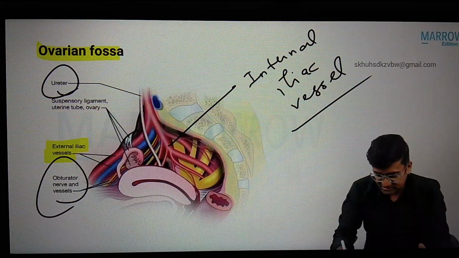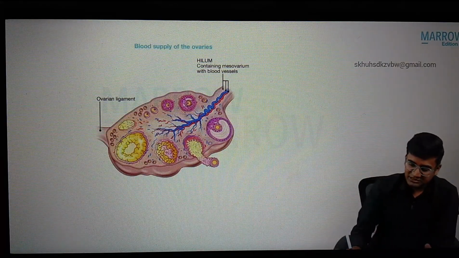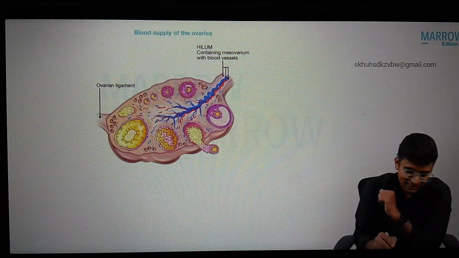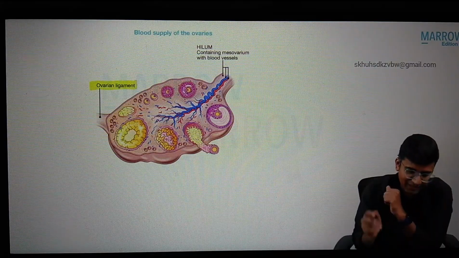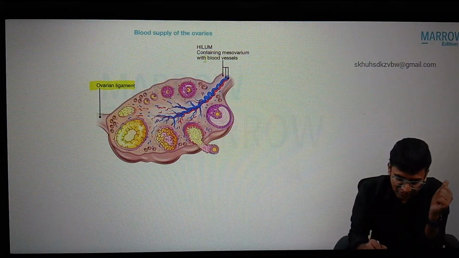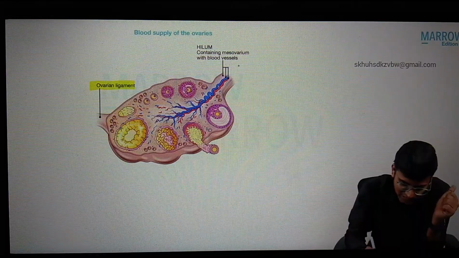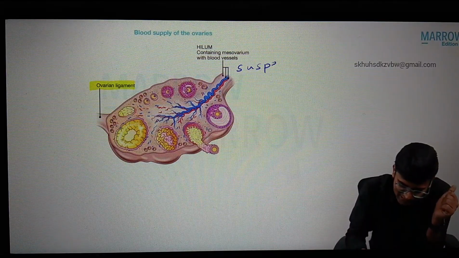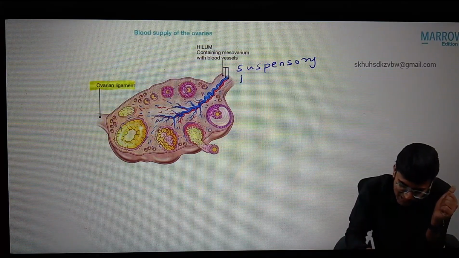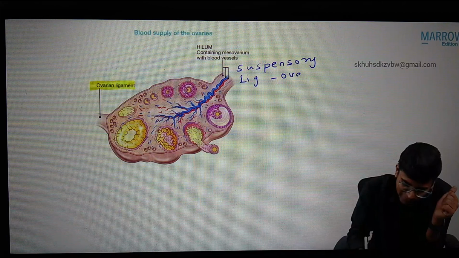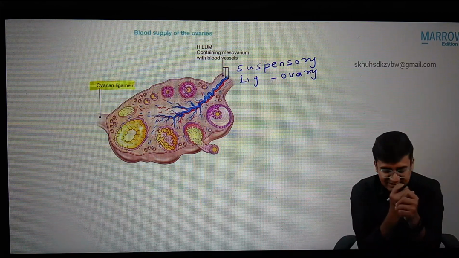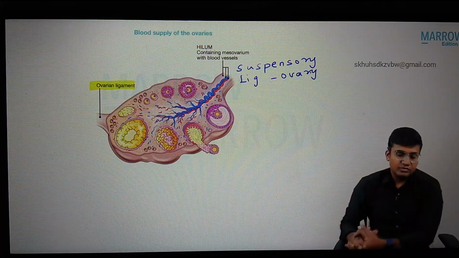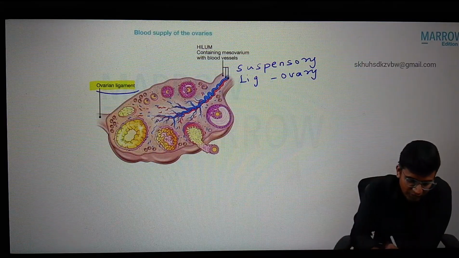Next, ligaments. Now we have two ligaments for the ovary. One is the ligament of ovary and the other is the suspensory ligament of ovary. So what is the ligament of ovary?